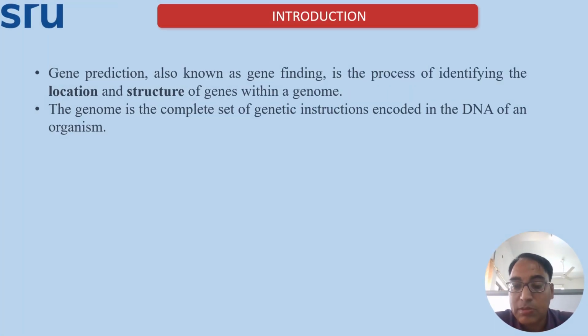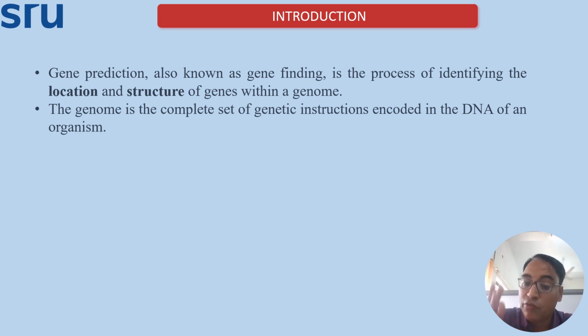Gene prediction means we have annotated, we know how to annotate the genes, but what is the exact position in the genome? If we have a genome, I ask you, what is the gene? What is the location? What is the exact sequence of the gene? Tell me the entire thing.